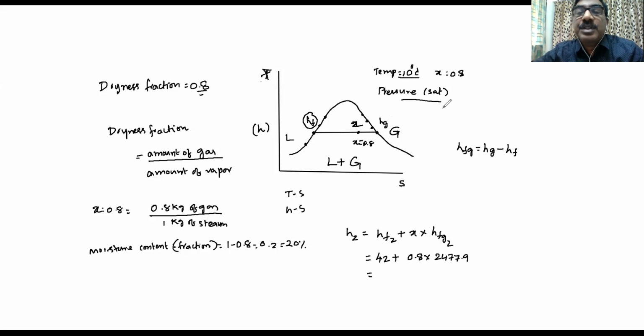But if you have any intermediate point, then you have to get this particular dryness fraction. And once you get the dryness fraction, you find the liquid enthalpy plus HFG into the dryness fraction. Then you will get the enthalpy at that particular point.